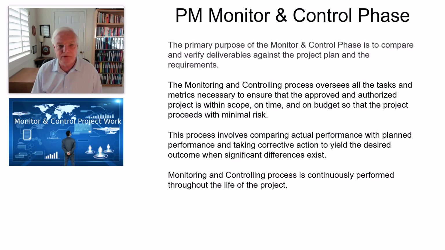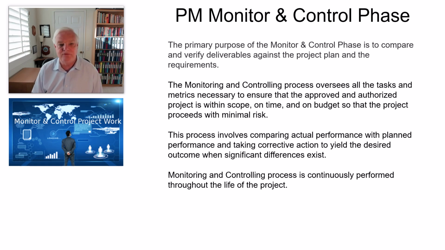The primary purpose of the monitor and control phase is to compare and verify deliverables against the project plan and the requirements. Now the monitoring and controlling process oversees all of the tasks and metrics necessary to ensure that the approved and authorized project is within scope, on time, and on budget so that the project proceeds with minimal risks.